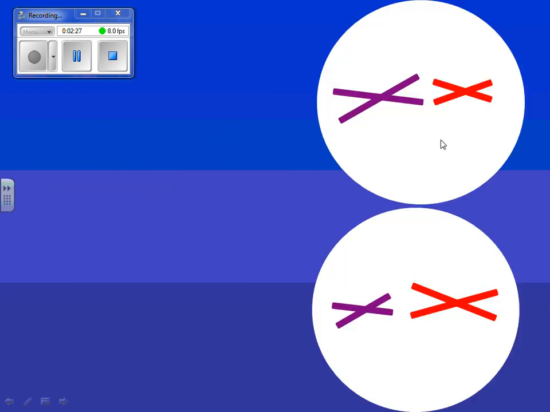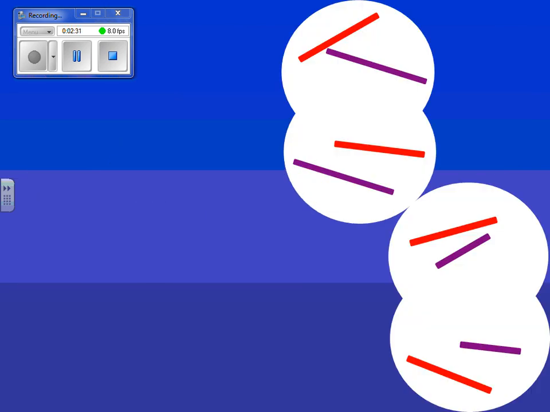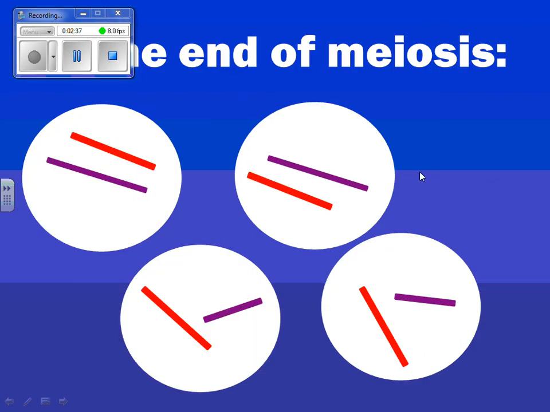In anaphase 2, those individual chromosomes separate, and in telophase 2, cytokinesis begins and the nucleus will begin to reform. At the end we have 4 cells, not 2, 4 cells that are haploid, that have half the amount of genetic information that we started with.